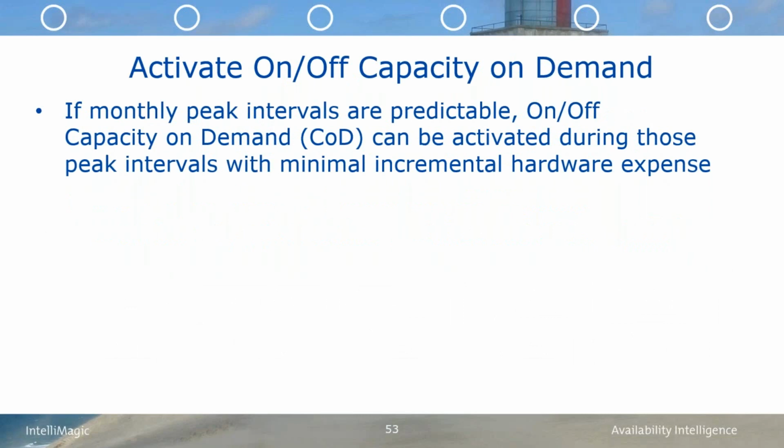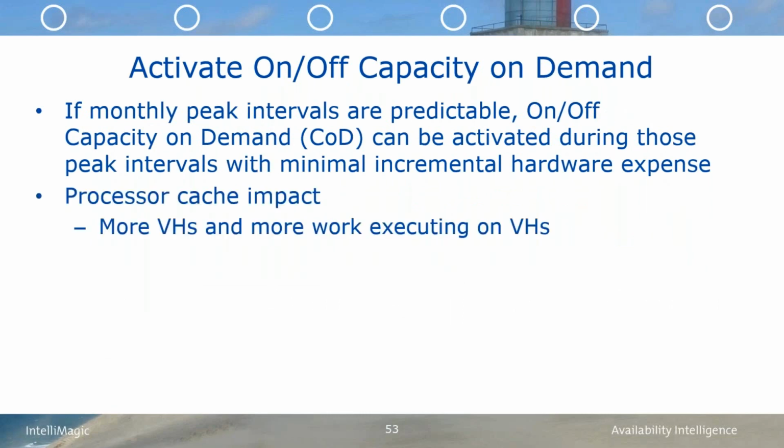IBM MLC software expense is determined by the peak 4-hour rolling average for the month. So if your monthly peaks occur at predictable time intervals, on-off capacity on demand can be activated during those peak intervals with minimal incremental hardware expense.